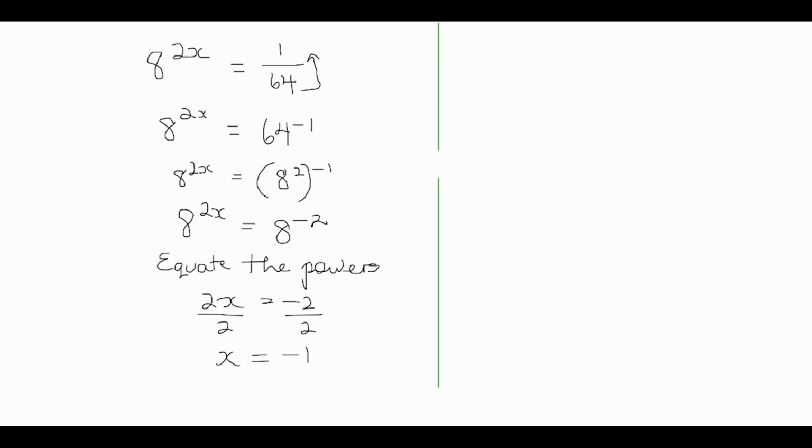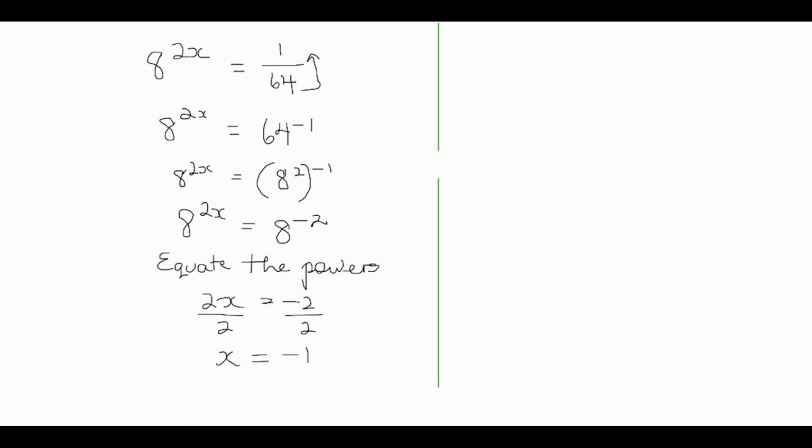You could have brought this one in particular to base 2 first and then brought it up and then equated your powers. Alright, so you just need to know how you want to go, right? Work with whatever is comfortable for you. So if it is easier for you to bring up this and then convert to a common base and whatnot, do it that way. If you want to change everybody to a completely smaller base than leaving it in base 8, your choice.